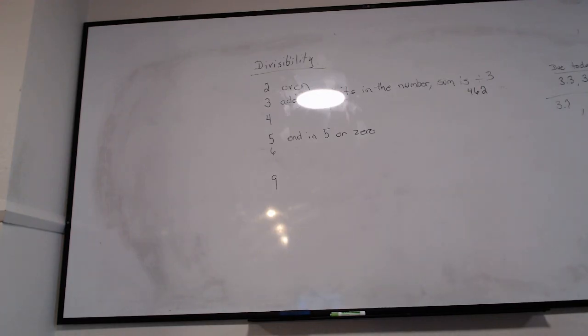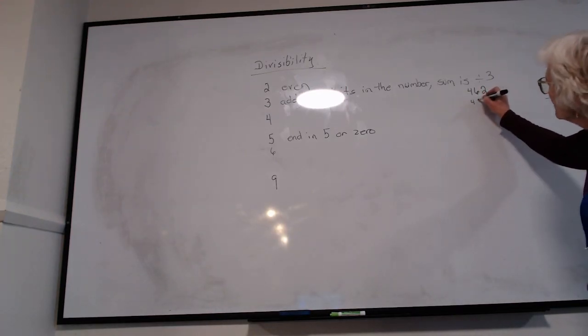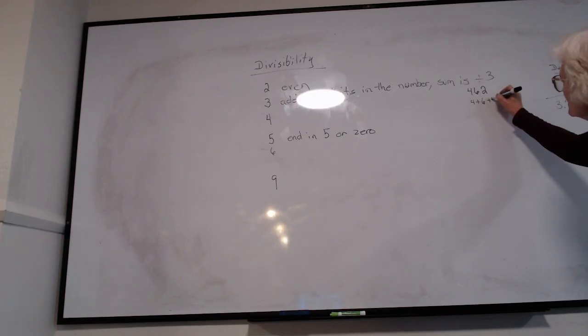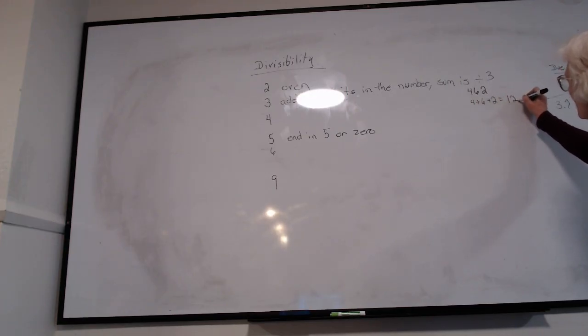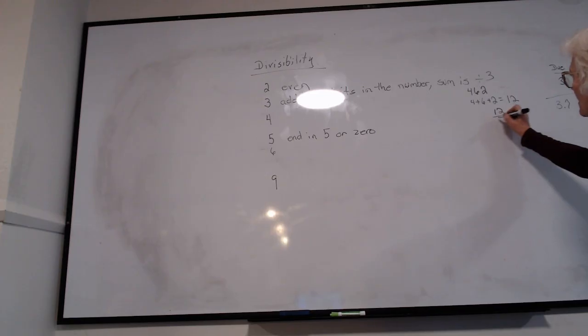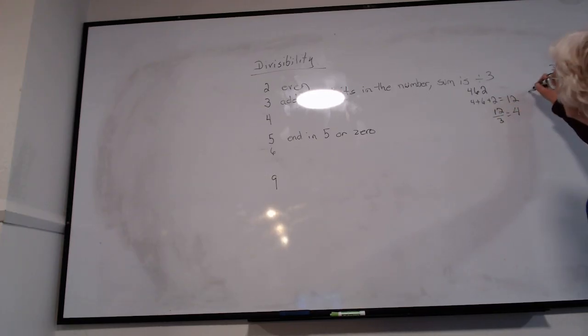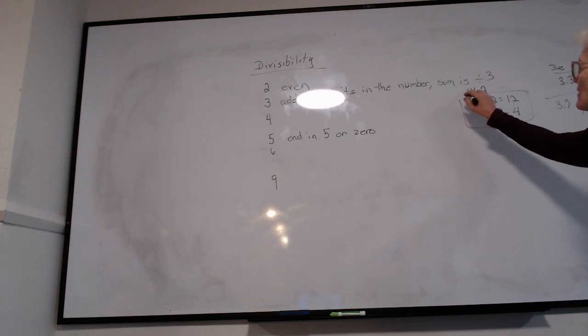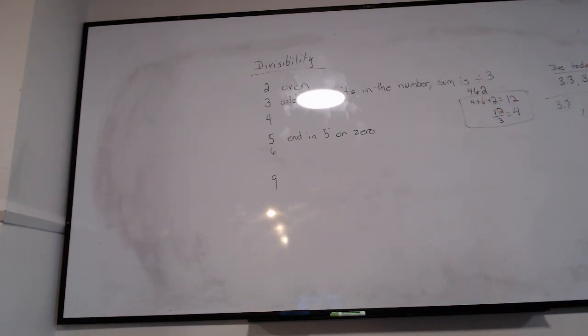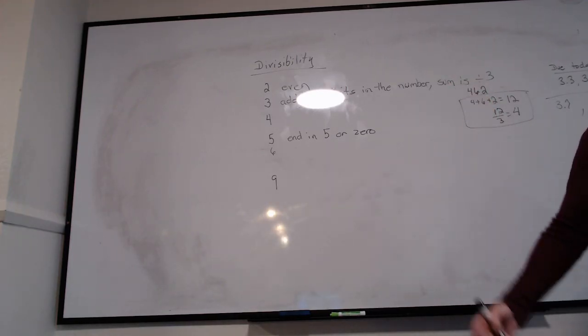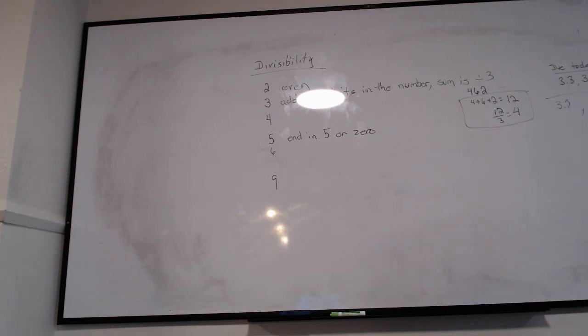The quick way to tell is 4 plus 6 plus 2, which gives me 12. 12 is divisible by 3 because it gives me 4. That tells me the whole number 462 is divisible by 3. If you add all the digits in the number, and this applies if you have 17 digits in a number, and the sum is divisible by 3, then you know the number is divisible by 3. Okay?